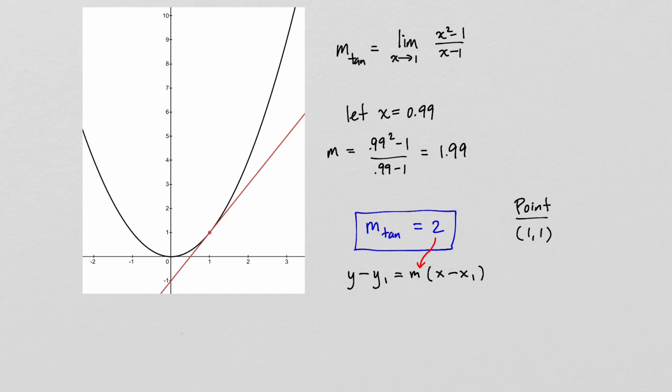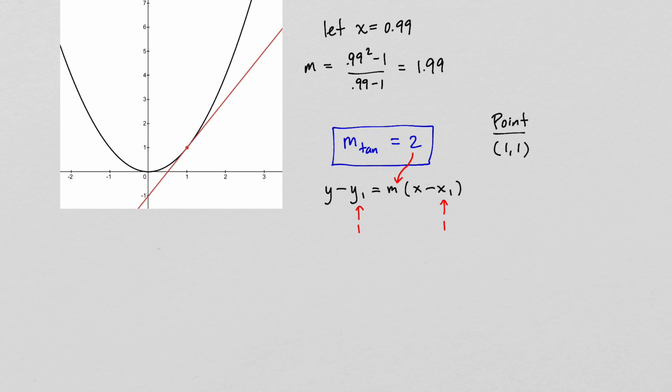So we're just going to plug in the value 2 here, and then plug in 1 for y1 and 1 for x1. And when we do that, we get y minus 1 is equal to 2 times x minus 1. Multiplying this out, we get 2x minus 2, and finally solving for y by adding 1 to both sides, we end up getting the equation of the tangent line is y equals 2x minus 1. But finding the equation of the tangent line is kind of an afterthought. The hardest part, the part that has the most work, is the slope of the tangent line.